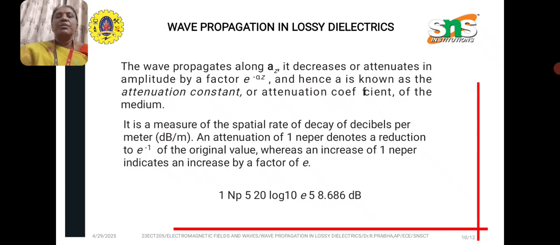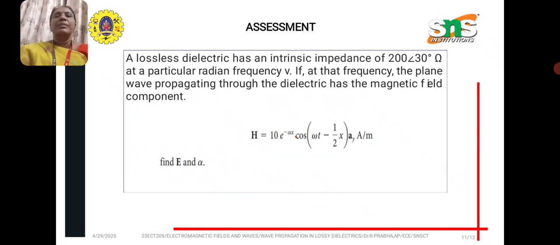An attenuation of 1 neper denotes a reduction to e power minus 1 of the original value, whereas an increase of 1 neper indicates an increase by a factor e. And beta is the phase constant which describes the wave propagation characteristics.